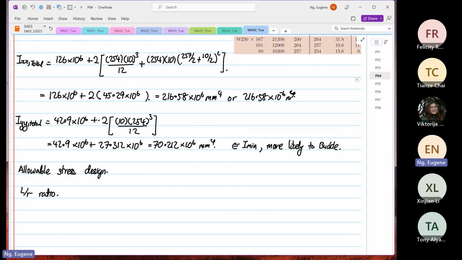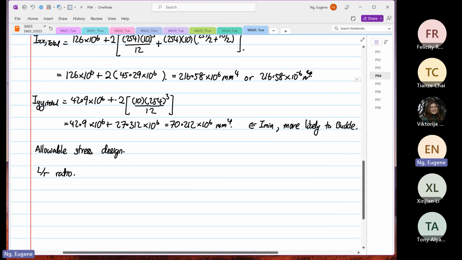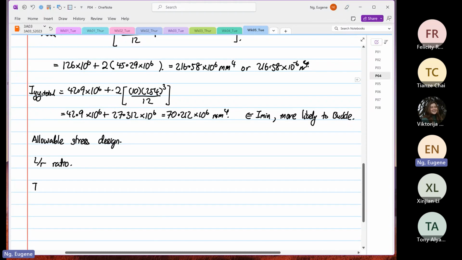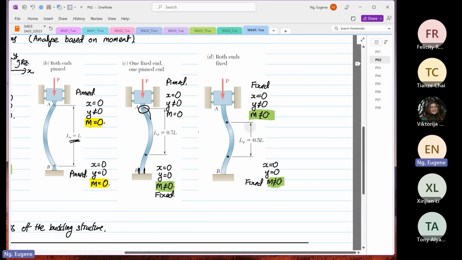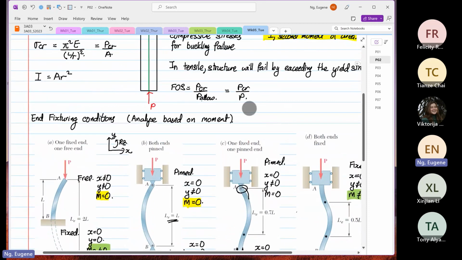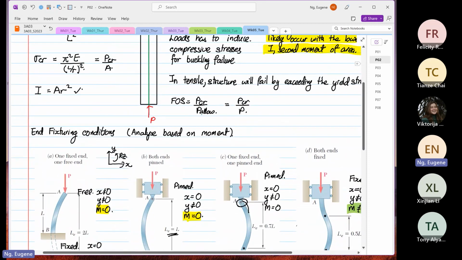So L over R ratio. Now we don't know our R. Okay, so we know that IYY is equal to A times RY squared. So how do we know this formula? We have written this down before, right? We look over here, it's there already.